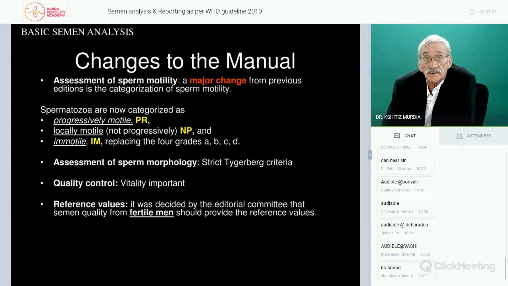You see, this old method of the WHO wanted a technician to understand the difference between a sperm that swims 25 microns and faster per second from a sperm that swims 20 microns per second.